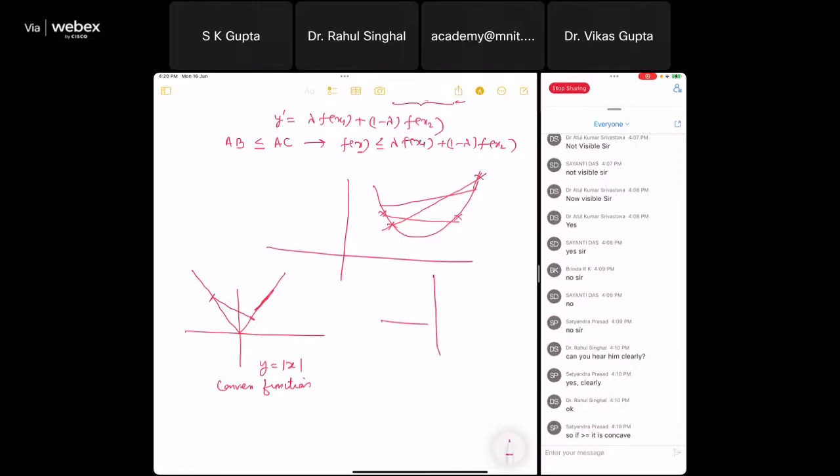Now suppose y equal to e raised to power x. This is the graph of e raised to power x. You take one point here, one point here, join the chord, it always lies above the curve. So this function is also a convex function.